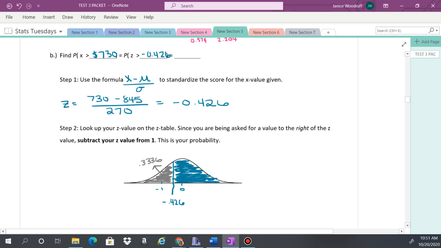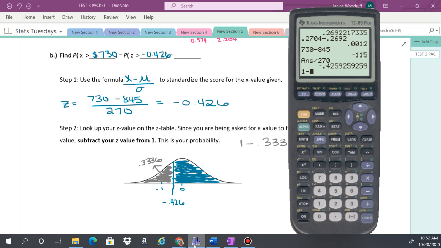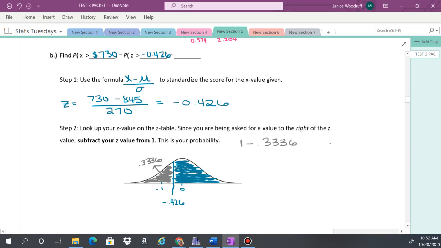So we want the blue area. So what you're going to want to do is 1 minus 0.3336 to get the remaining area on the curve. So 1 minus 0.3336 gives you 0.6664, or 0.667 if you wanted to do 3 decimal places.